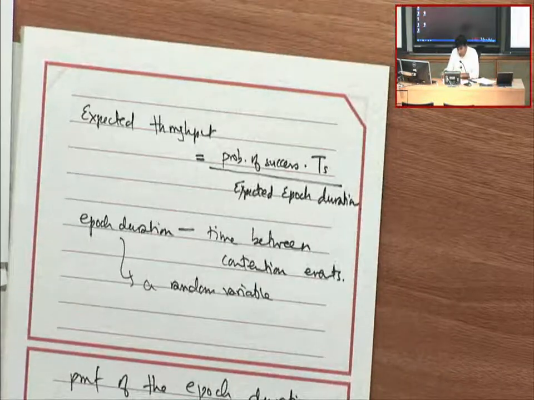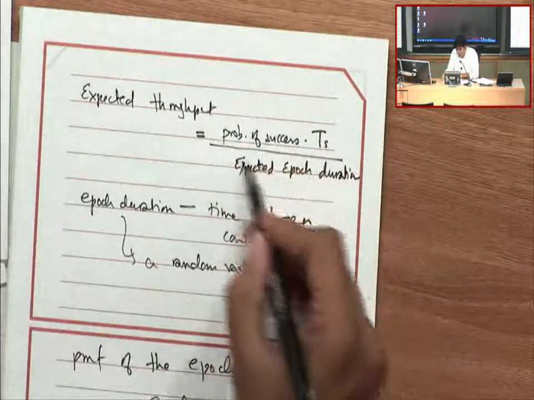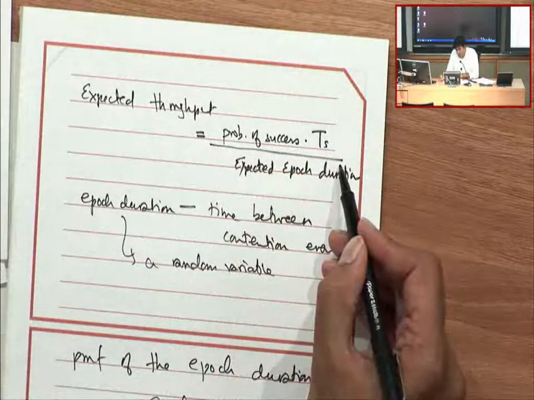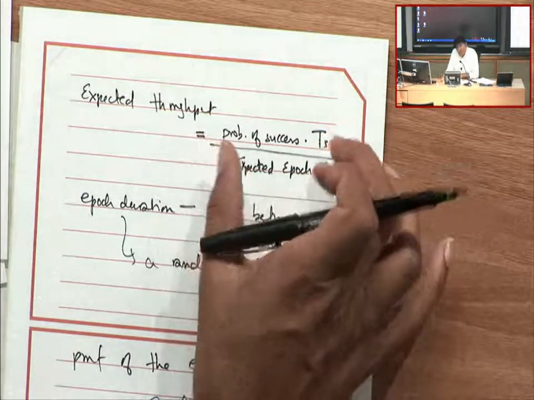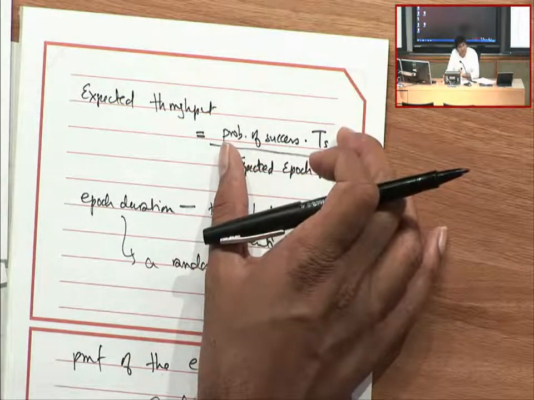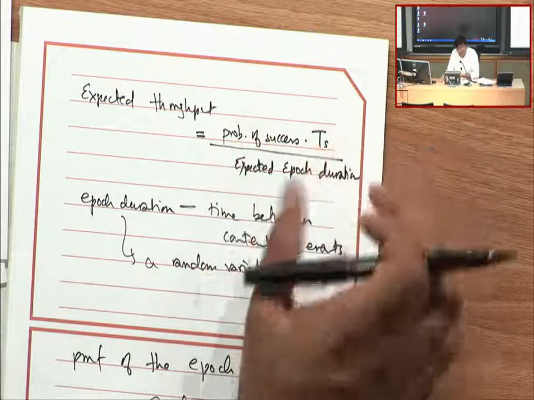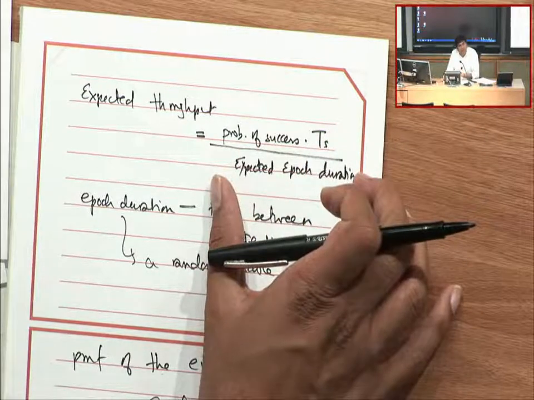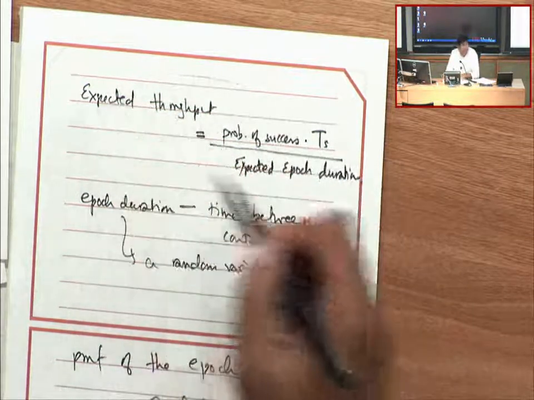So this expected throughput, which is the probability of success times TS, you can think of as the fraction of time that you're spending in successes: the fraction of times it is successful times how long a success period is, divided by the total period, in expectation. This equation, by the way, is not an obvious equation.